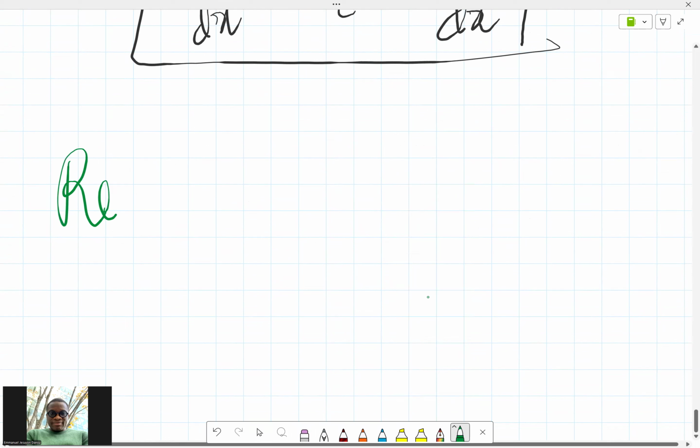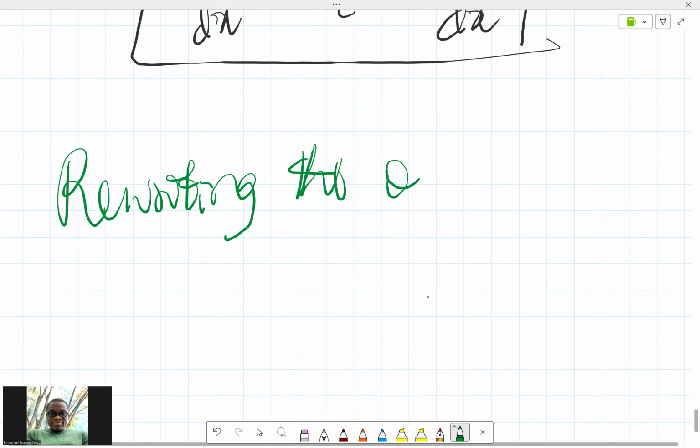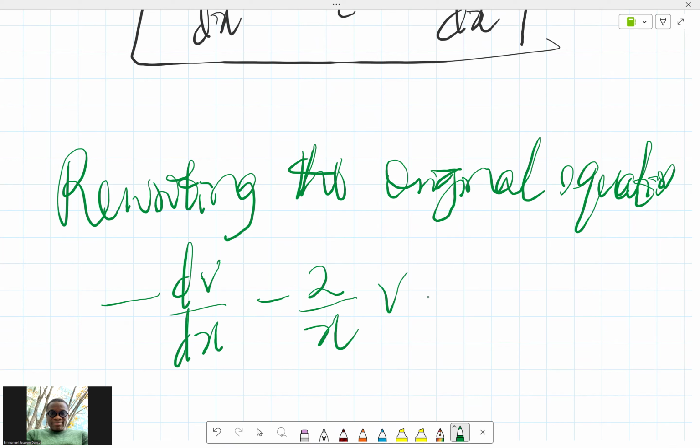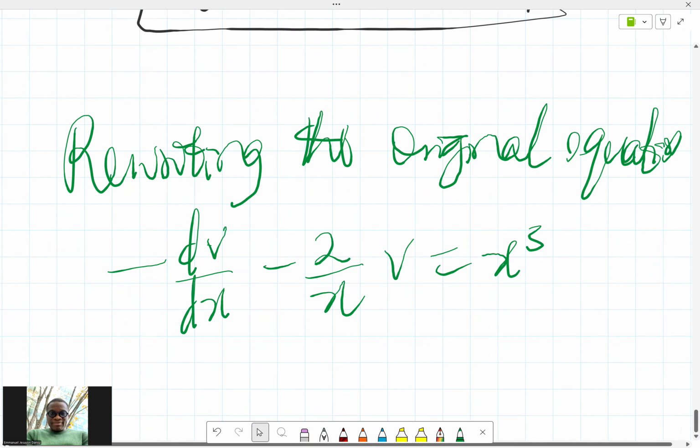So rewriting the original equation, we have minus dv/dx minus 2 over x v equals x cubed. Okay, but this is definitely not the original form. So if we do all the substitution like we did before, we get this, right?